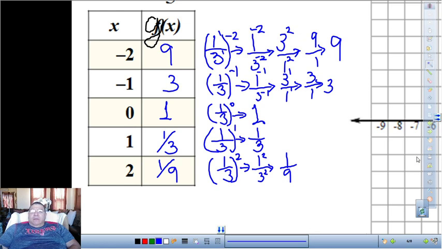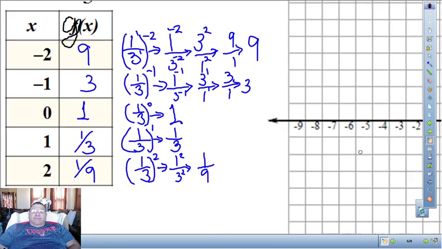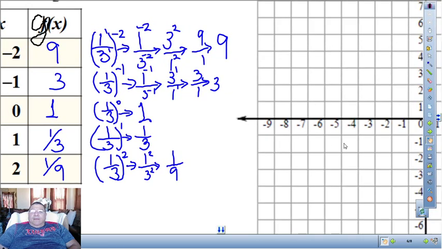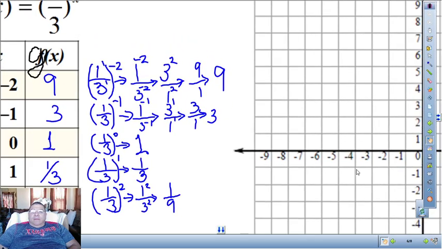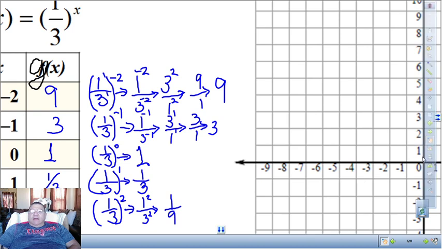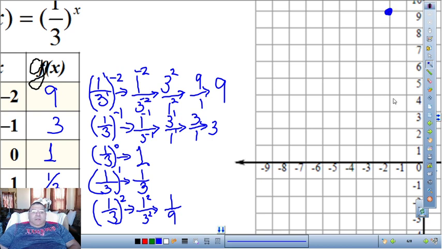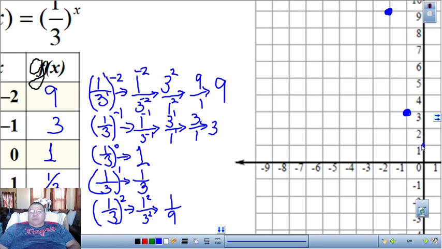All right, so if we graph that, let me move over this way. -2, 9, which is right there. -1, 3, right there. 0, 1. 1 and 1/3.